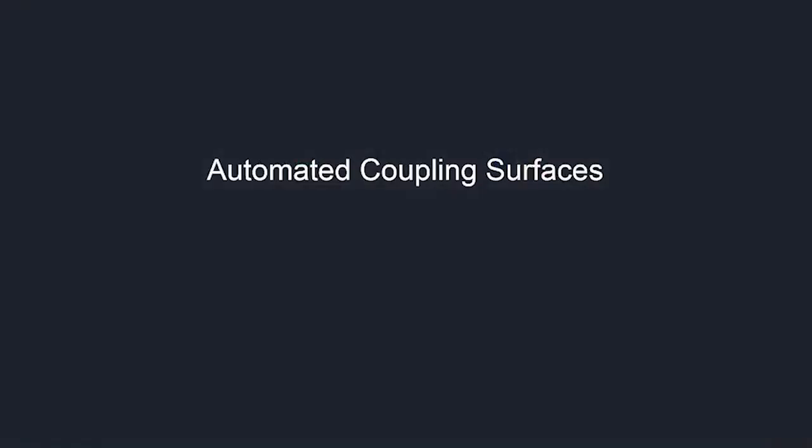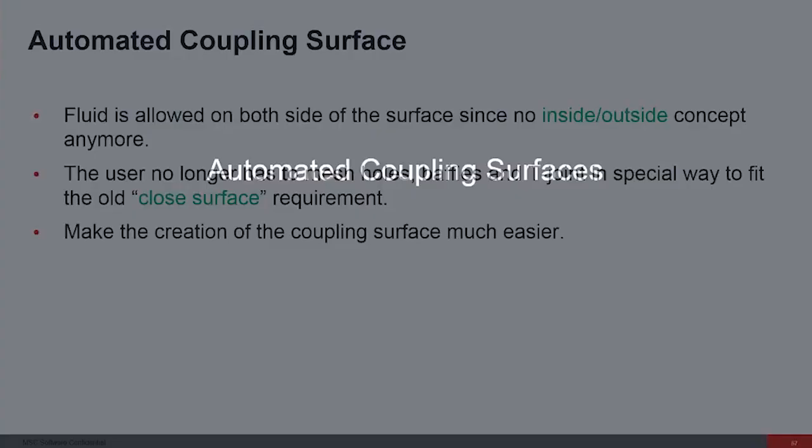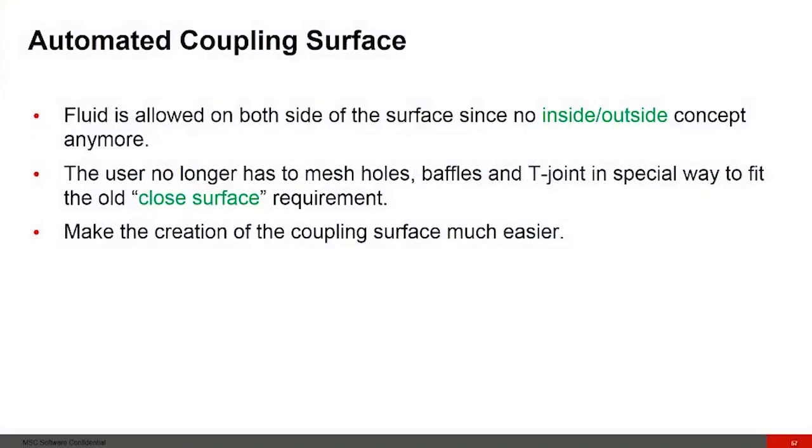I'm also going to be talking about the new features that have been added, starting with the automatic coupling surface. In fluid structure interaction, a number of shell segments interact with the Euler domain. So we have a section where the fluid and the structure are trying to interact with each other.